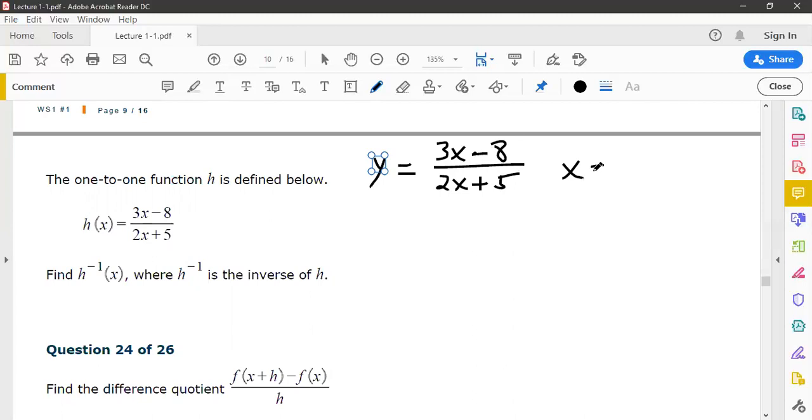So this becomes x equals 3y minus 8 over 2y plus 5. Now we have to solve for y. So what we're going to do is clear the fraction by multiplying both sides by the common denominator. In this case, the common denominator is 2y plus 5.